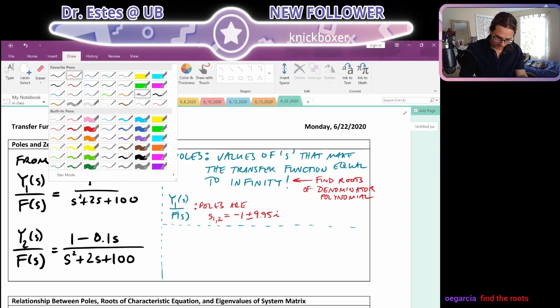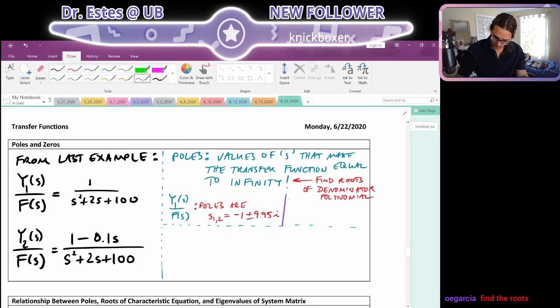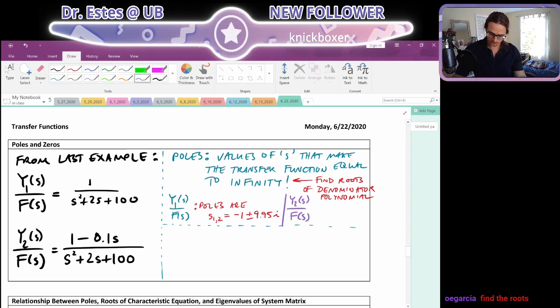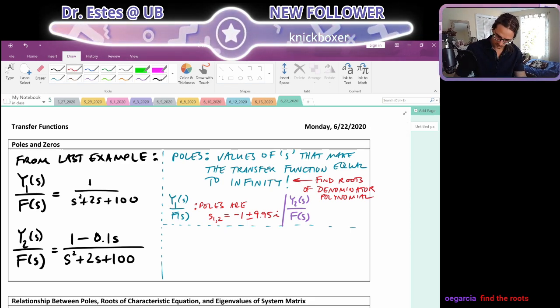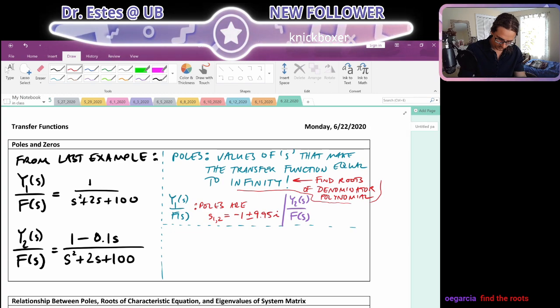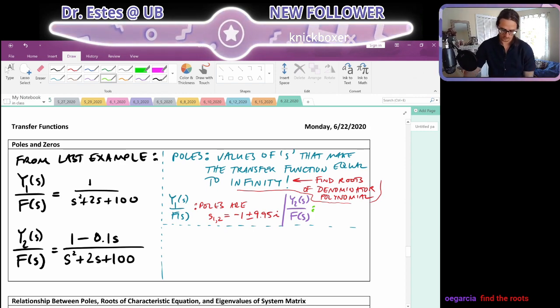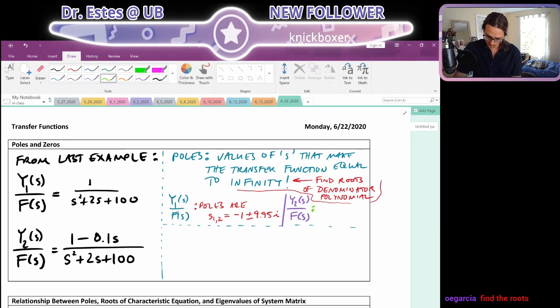Okay, what about our other transfer function? What are the poles? They're the same, right?